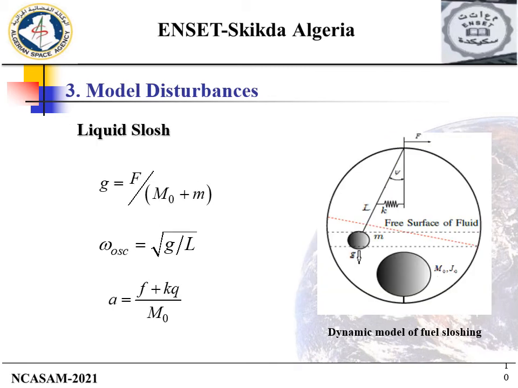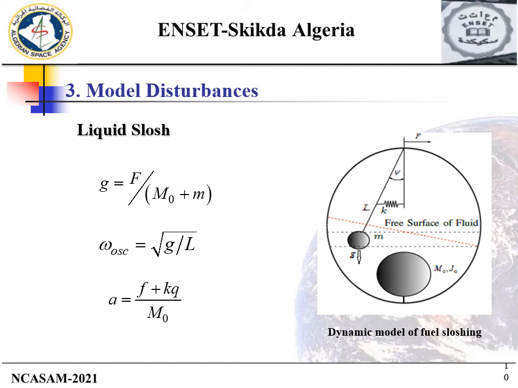Now, an exact analytical model of fuel sloshing motion inside a moving container is extremely difficult, and reasonably adequate models have been obtained with experimental results under the following assumptions. First, small dispersion of velocity. Second, a rigid tank. Third, no viscous liquid and incompressible fluid.